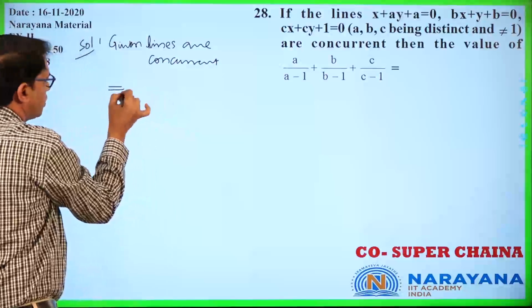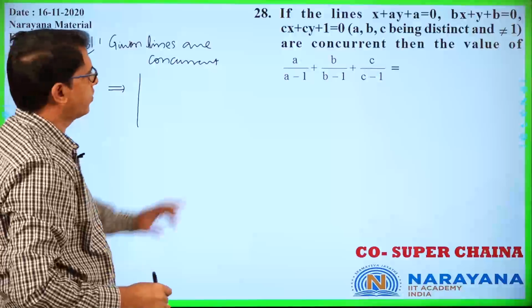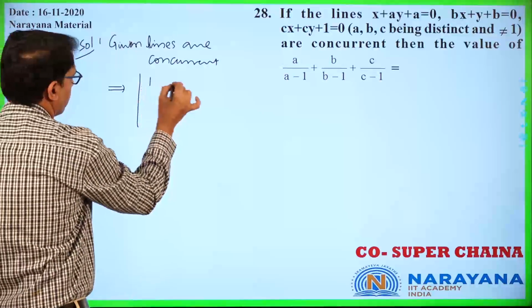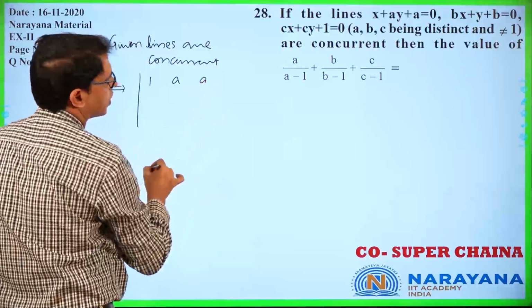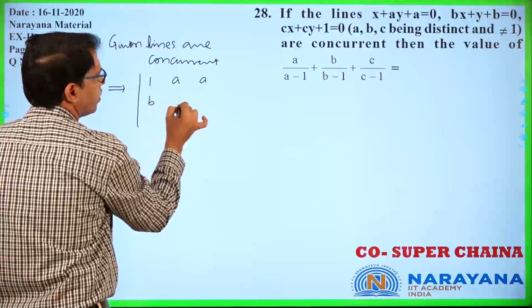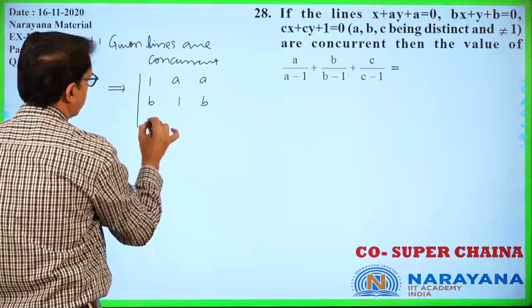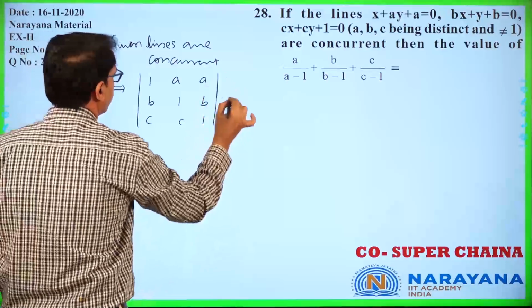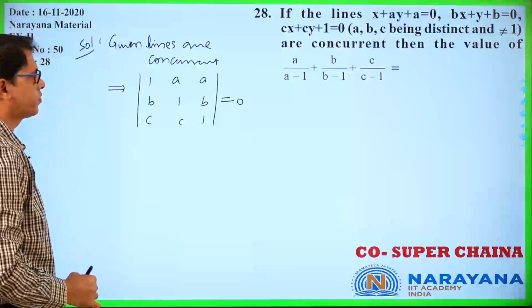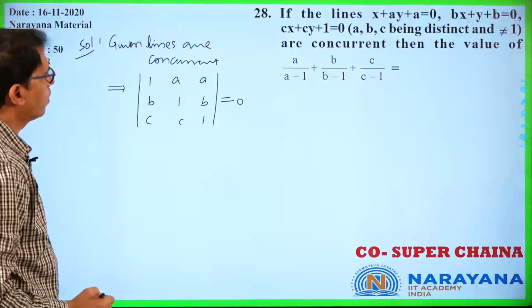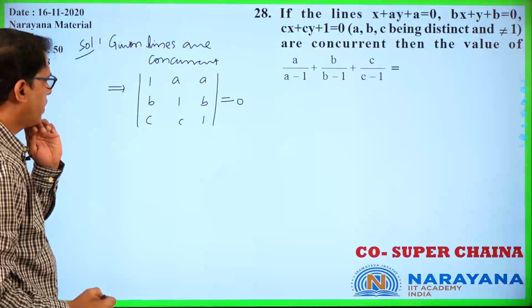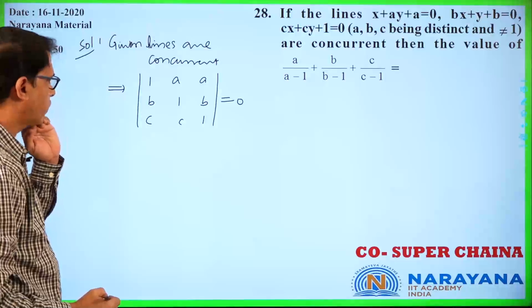So we have the condition: determinant of first line 1, a, second line b, 1, b, third line c, 1, equals to 0. Here a minus 1 and b minus 1 is required.